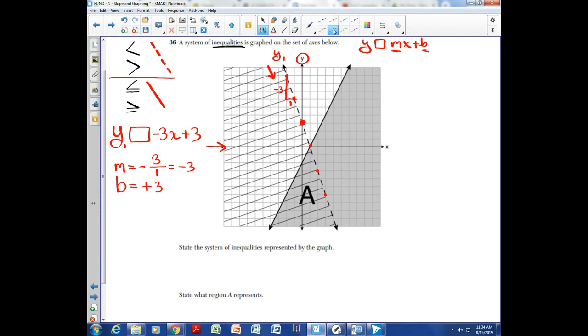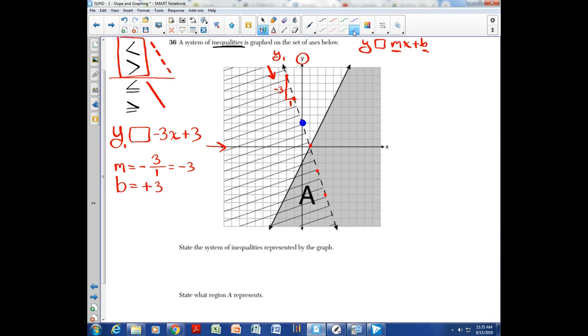So let's try to figure out the symbol. Well, first of all, I notice that is a broken line, so I know it's going to be one of these top two over here. It's either going to be less than or greater than. My trick is to go back to the y-intercept, we'll make it blue, and ask myself, which way are we filling up? Which side of that fence, so to speak, is being filled up? I can see it's kind of the left side.